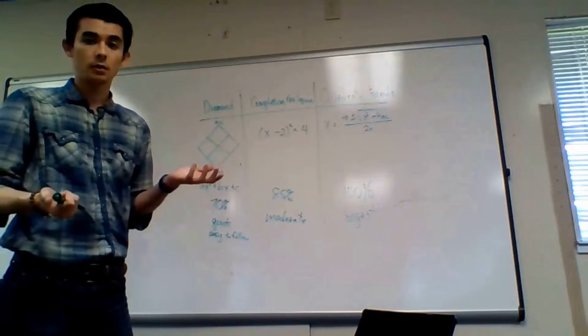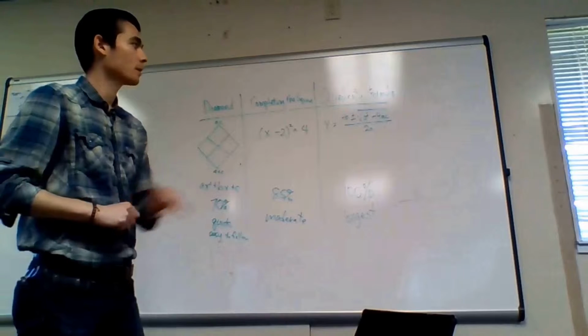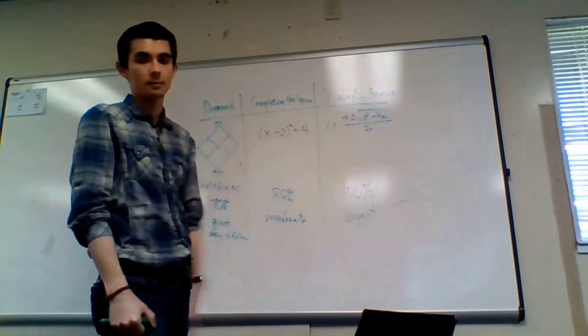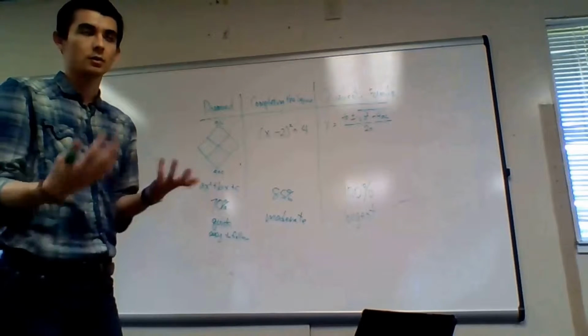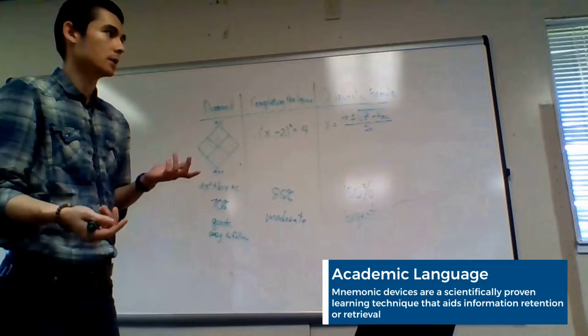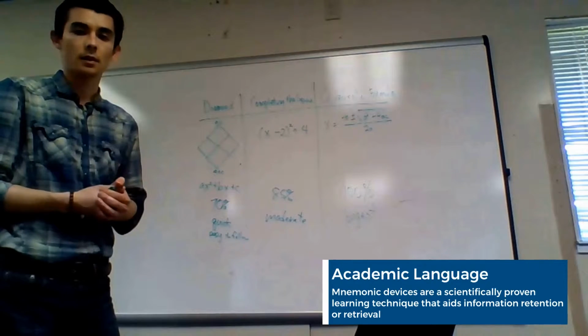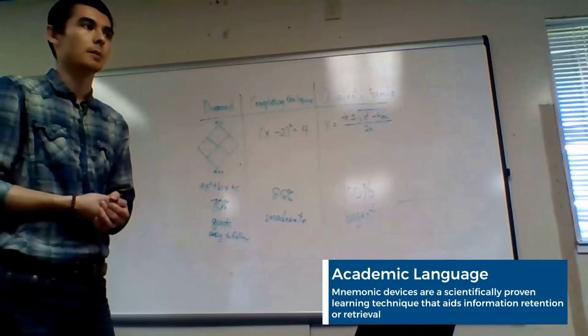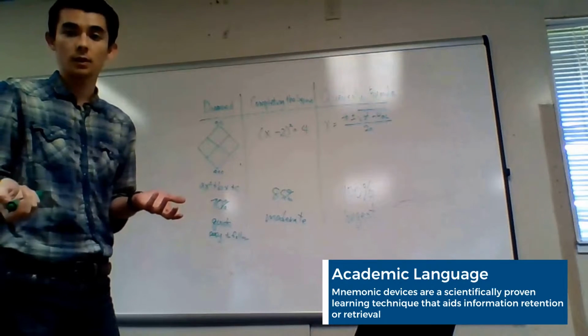So as I alluded to earlier, the quadratic formula itself can be hard to memorize sometimes. So what we're going to do is use a song to help us remember it. Using a song to help you remember things is called using a mnemonic device. A lot of times we remember things that are set to a tune more easily.